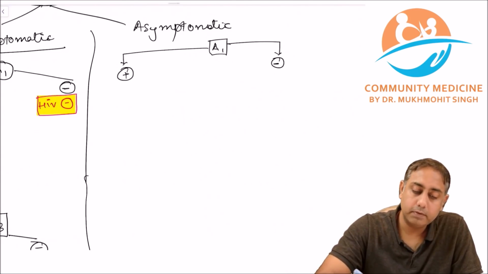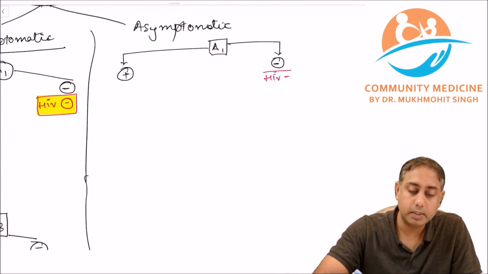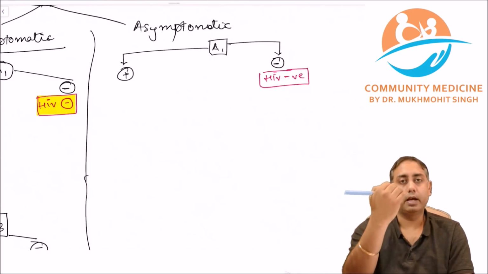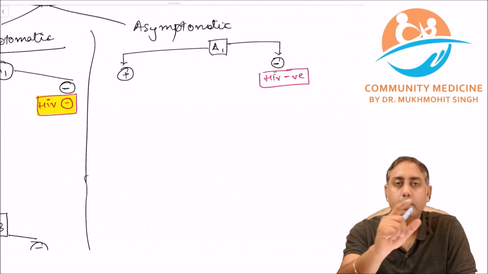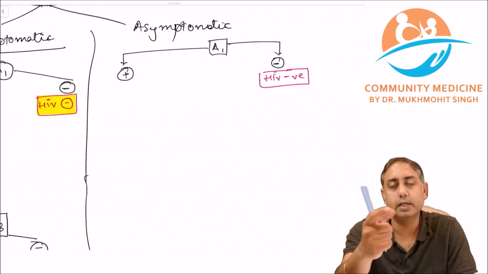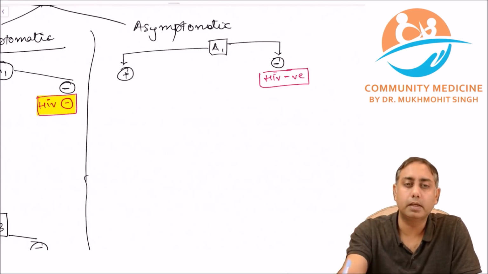If it is negative, that's very simple. The patient is the happiest person because he is HIV negative. If the first assay, the enzyme immunoassay, ELISA method, is negative, either symptomatic or asymptomatic, we declare the patient as negative.